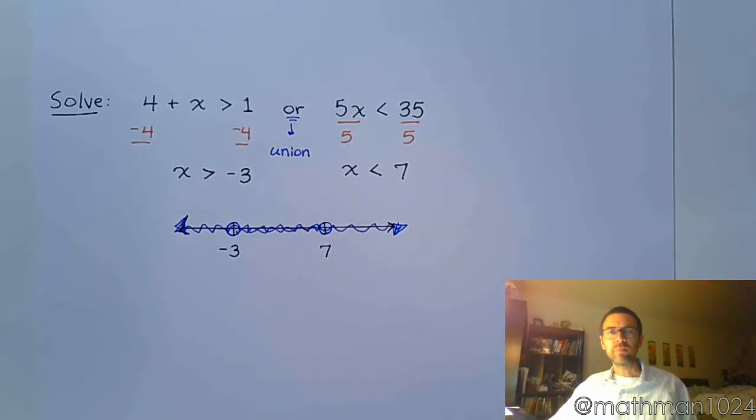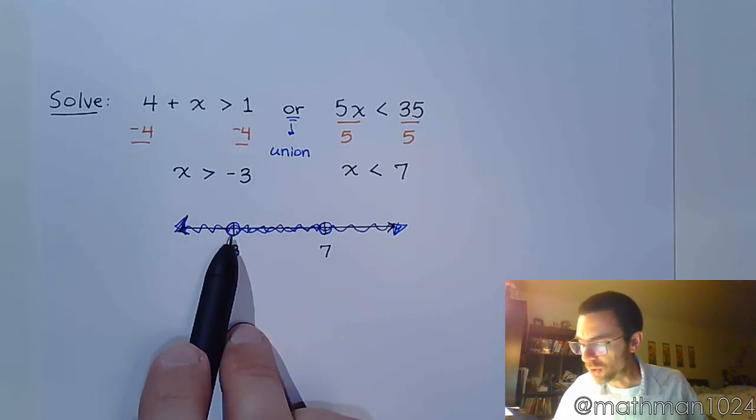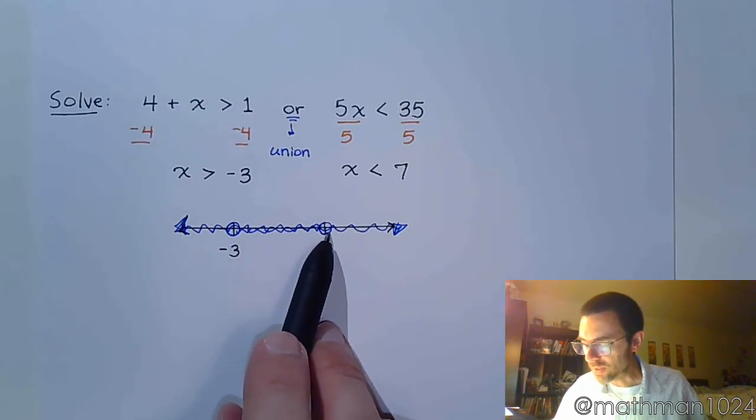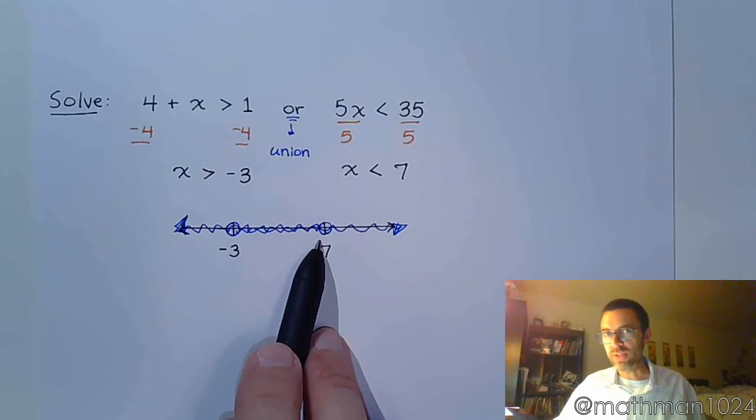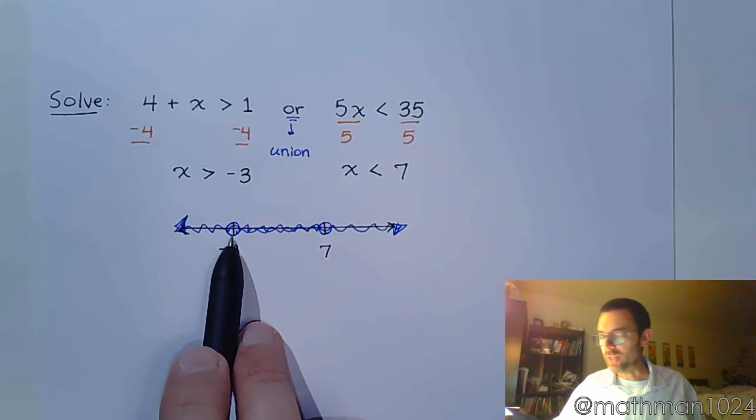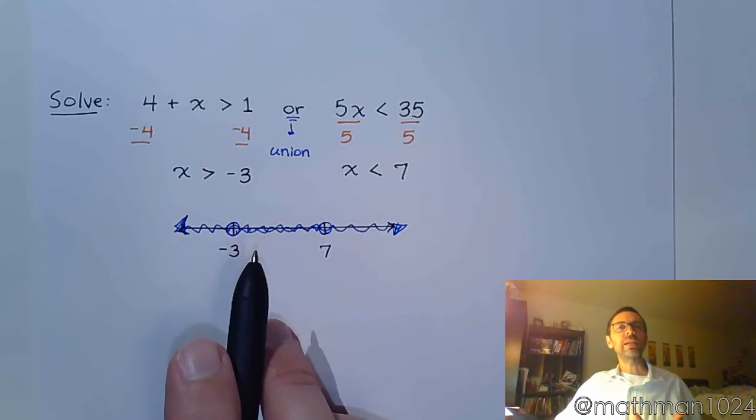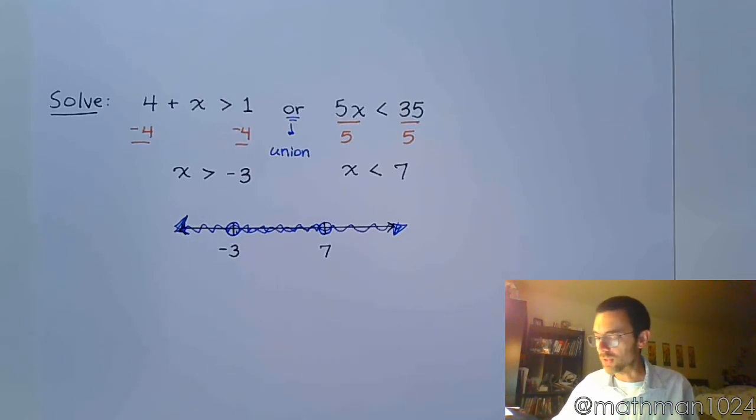So when we talk about the union, when we talk about putting everything together, well, what did we color on the number line? Well, we colored everything. Even though we had an open circle here, this less than 7 went through it and filled it in. The same thing with the open circle here at 7, because when he started with greater than -3, he went through 7, in essence including that in the solution set.